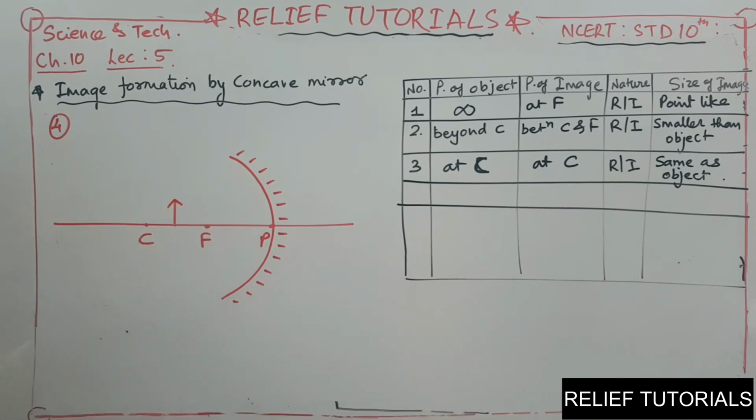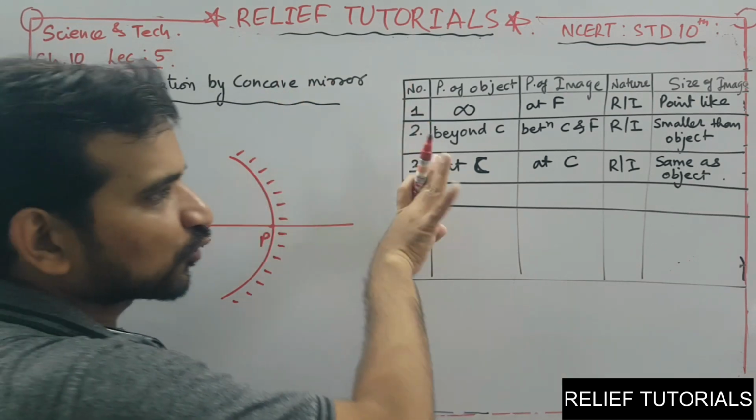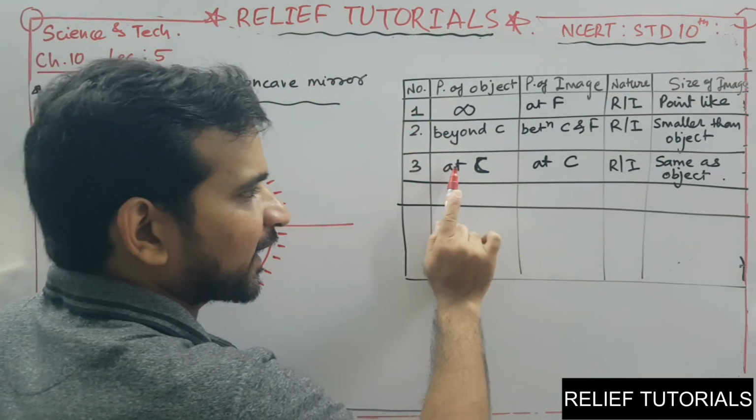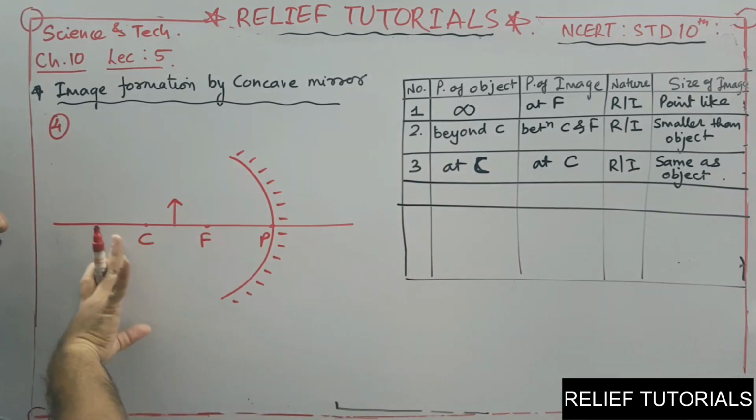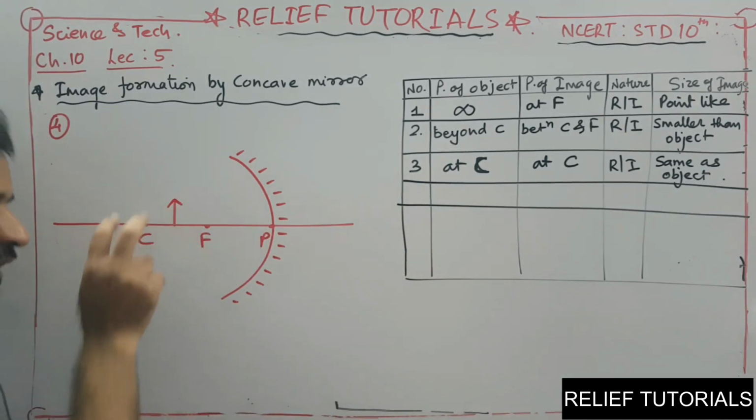This is the object between F and C. It was at infinite distance, more closer beyond C, more closer at C, and now we are taking the object between F and C. We have to obtain the image for this.